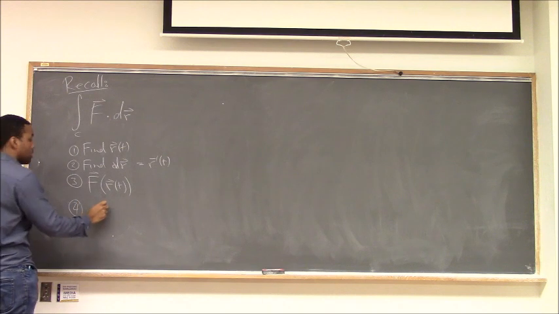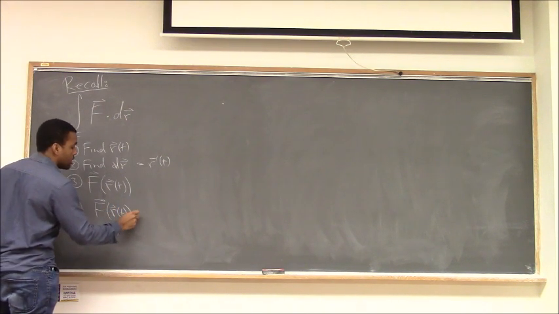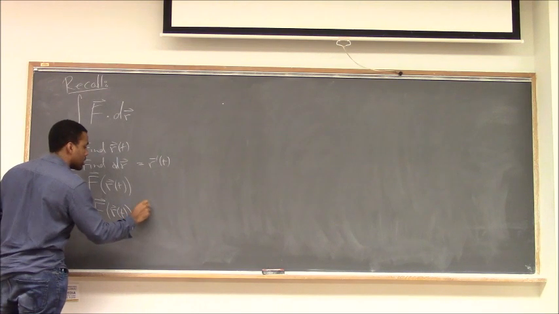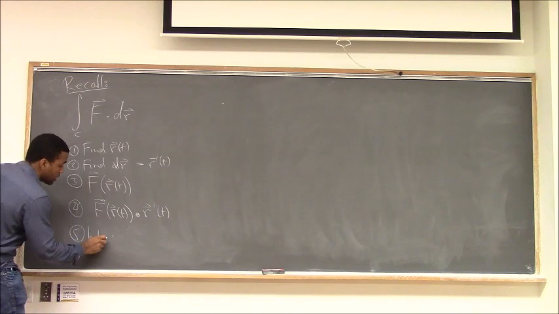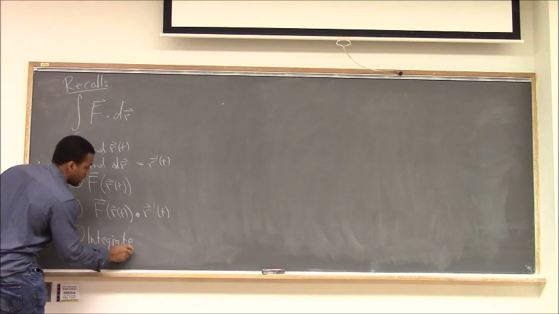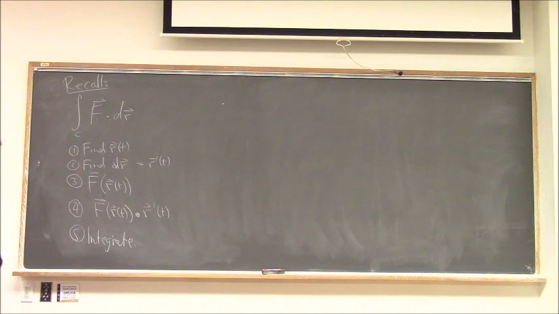Now you dot product them: you take this one, dot product with that one, and then you just integrate that. The limits depend directly on the parameterization you got.